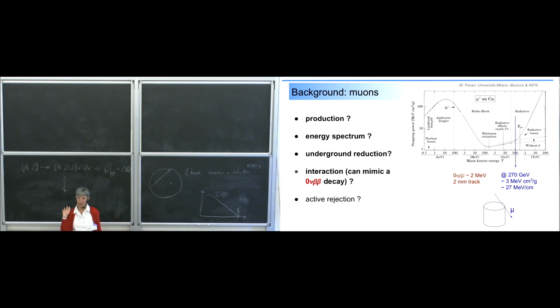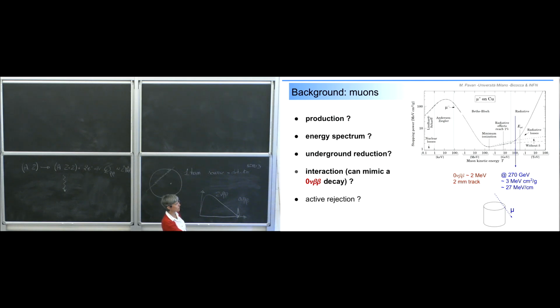So it's much higher than our signal, unless it crosses your source really close to the edge.